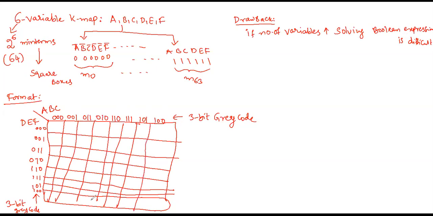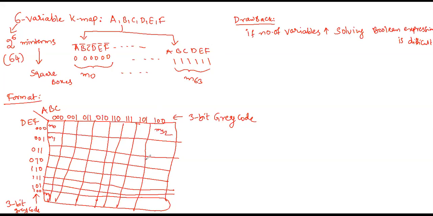Generally, identify which minterm the square box belongs to. 0, 0, 0, 0, this is M0. Like this 0, 0, 0, 1. Then 0, 0, 1, 0, 0, this is M4. This is M32, which is 1, 0, 0, 0, 0, 0.